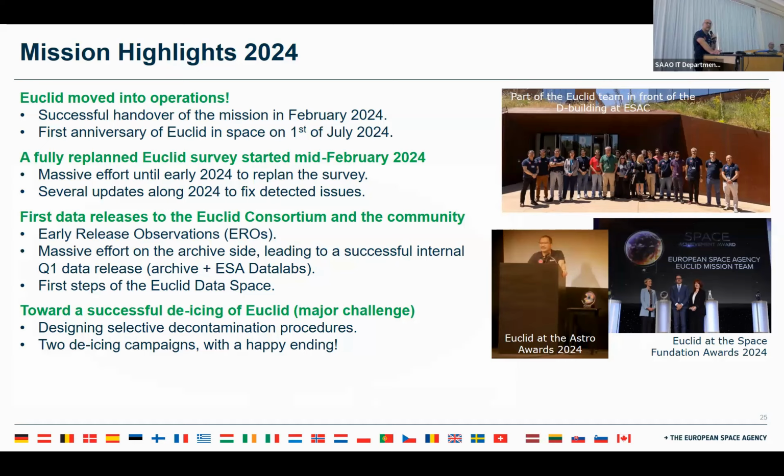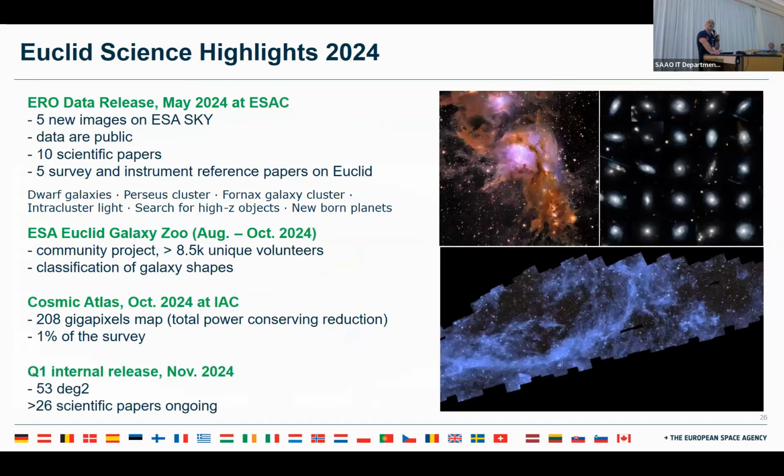And as I mentioned, the ice decontamination was successful. And the science highlights: the early release observations have been released in the second batch with 10 scientific papers and 5 survey and instrument reference papers you can access on the consortium and the ESA website.